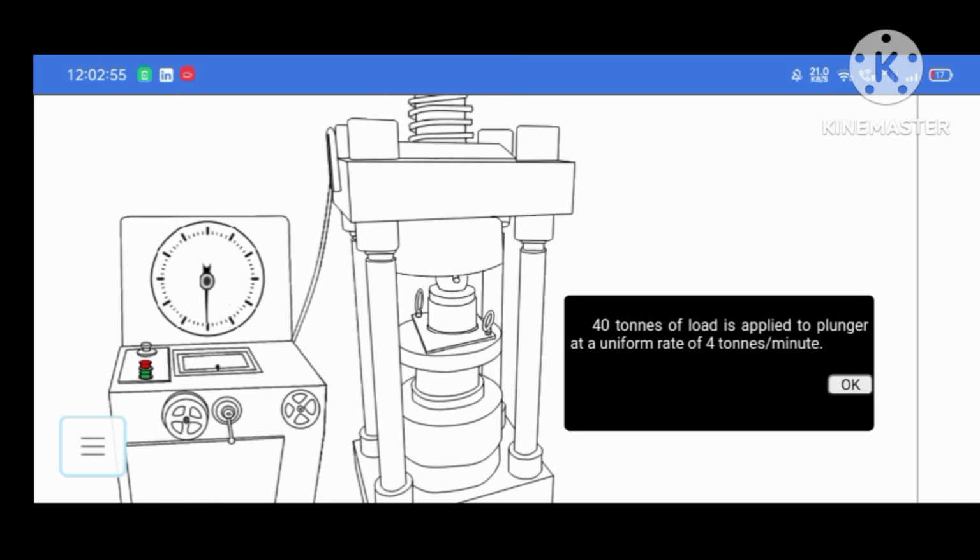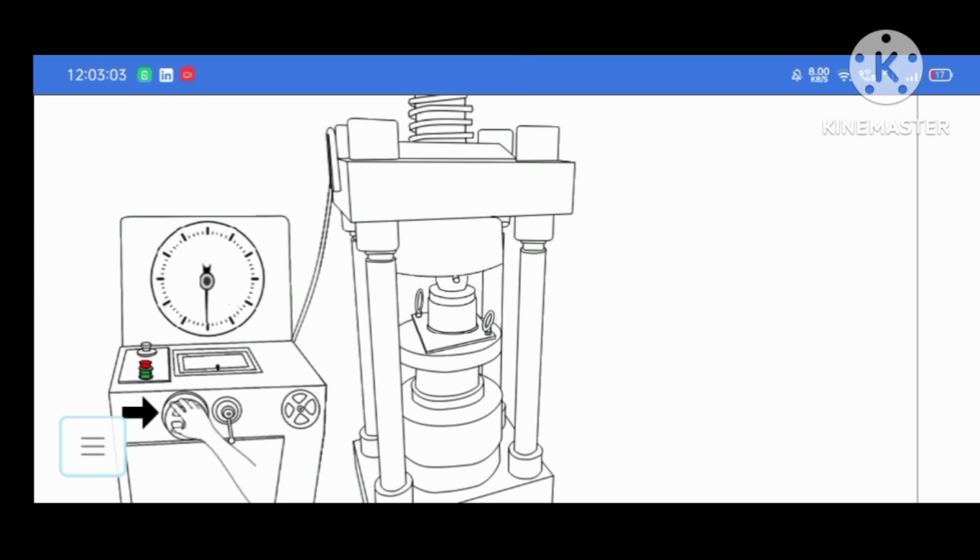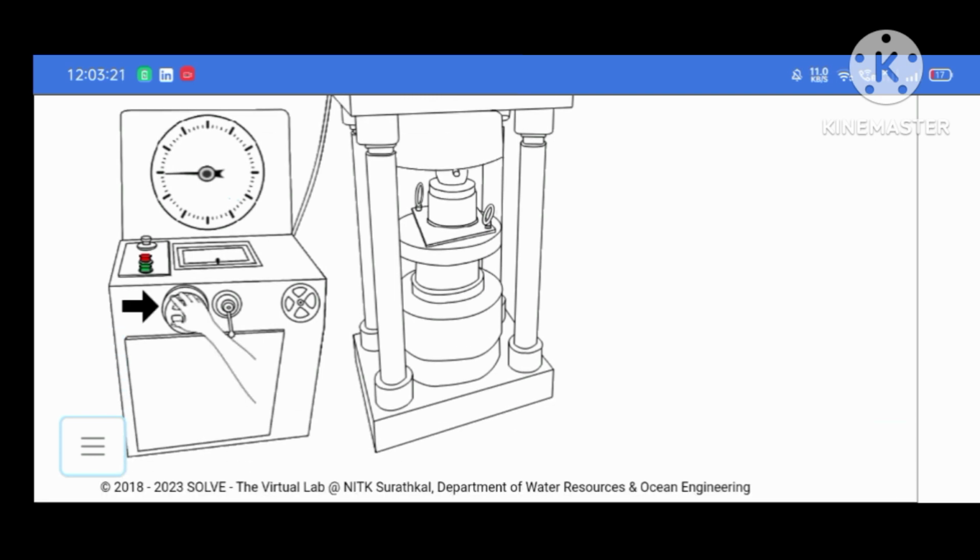40 tons of load is applied to the plunger at a uniform rate of 4 tons per minute. 4 tons per minute, total 40 tons. Switch on the machine and apply the load: 0, 10, 20, up to 40 tons. Then decrease the load and move to the next slide.